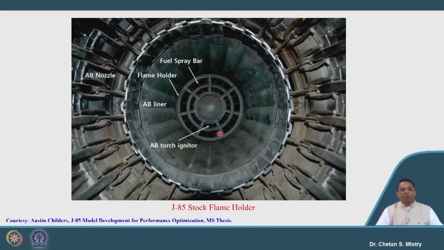Somewhere here, we are having a torch igniter, that will be having a spark plug that will be igniting the fuel and air mixture. Downside here, we are having the corrugated surface, they are known as afterburner liner. Since my temperature will be very high, that is the reason why it requires cooling, and that is the reason why the specific shape has been given, and this is representing my afterburner nozzle.